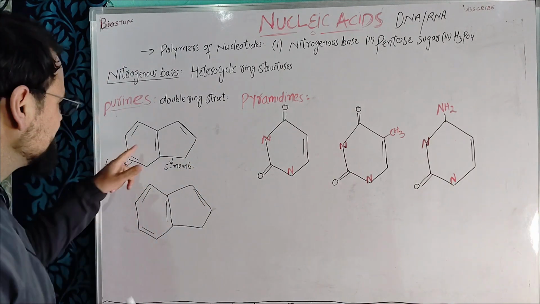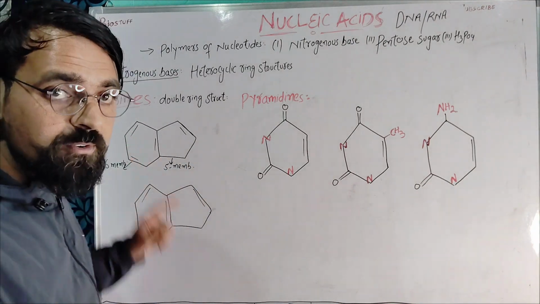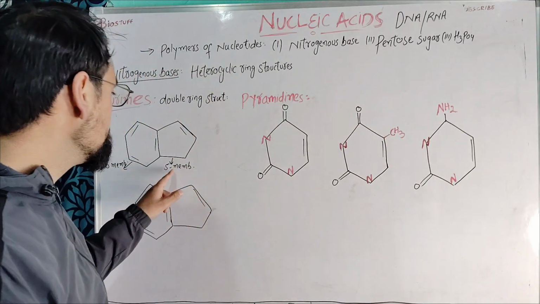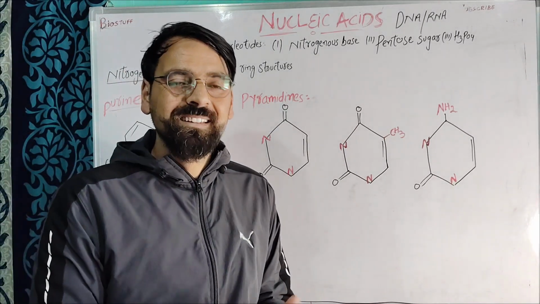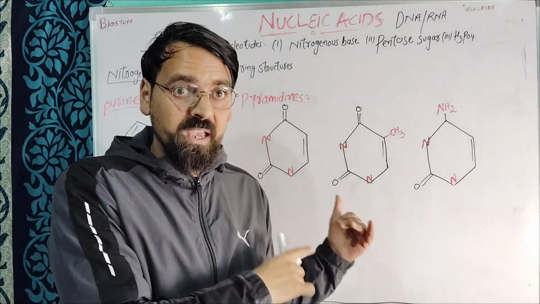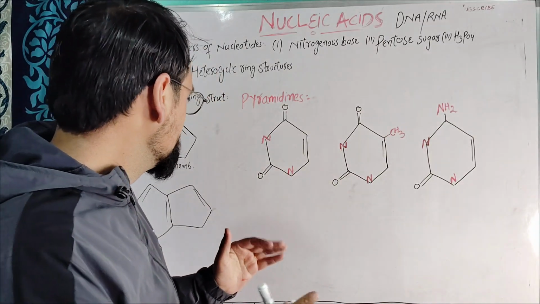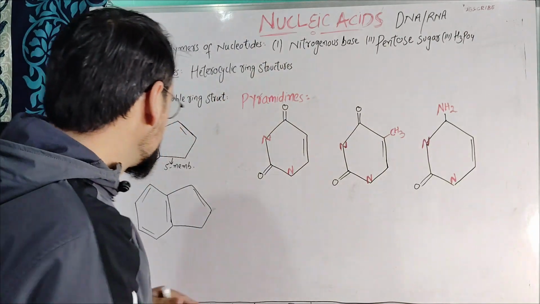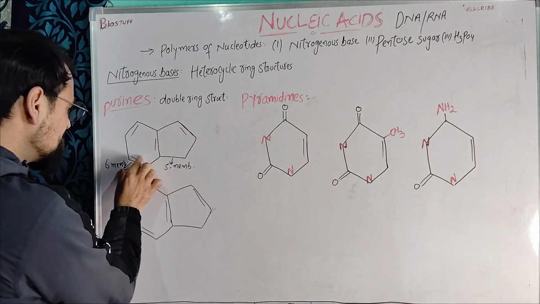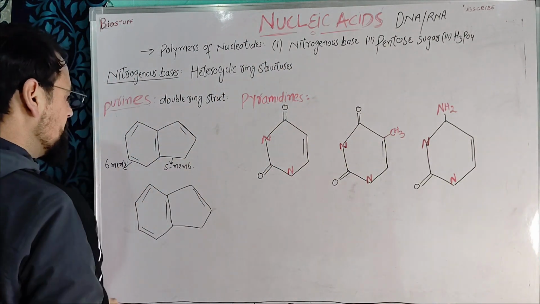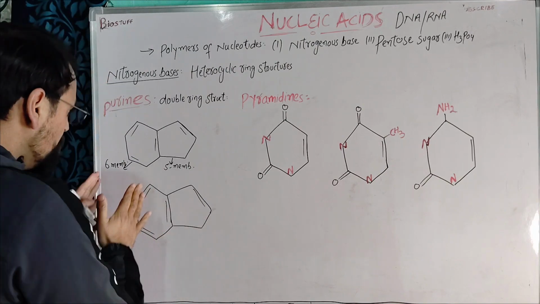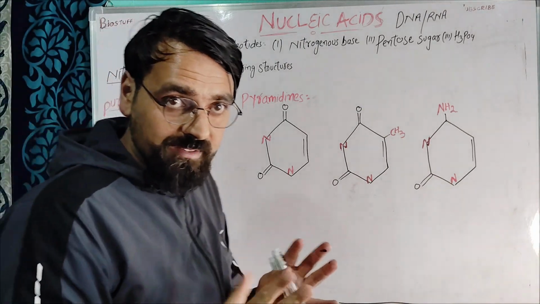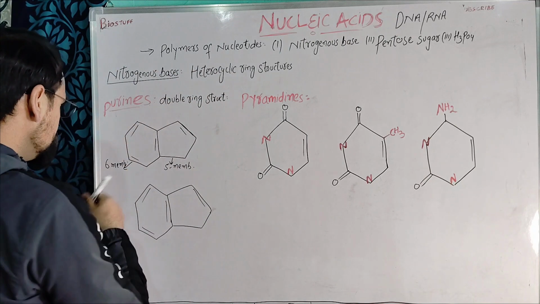Although this is called as diazine ring, six membered ring is called as diazine ring, and the five membered ring is called as imidazole ring. These are not important terminologies in the biomolecules, so that's why I'm not trying to focus on them, but you just know that one ring is six membered and the other ring is five membered. Now, when we talk about the nomenclature of the purines, you will have to start from here.